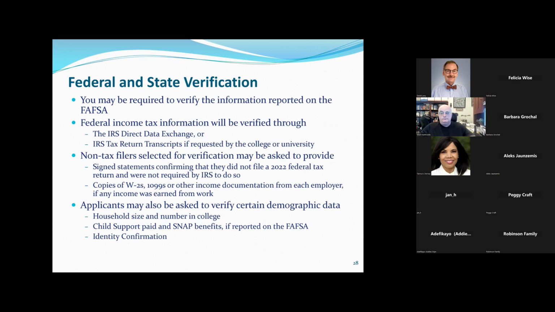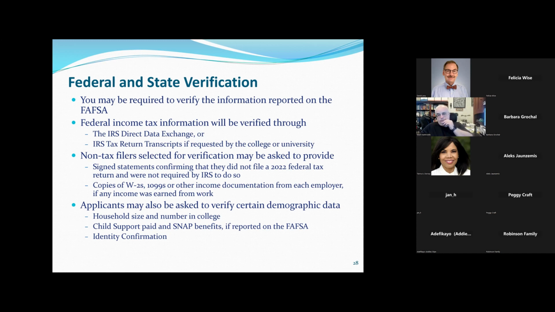Selected aid applicants may also be asked to verify certain demographic data listed, such as household size and number in college, enrollment history for transfer students, and identity confirmation.